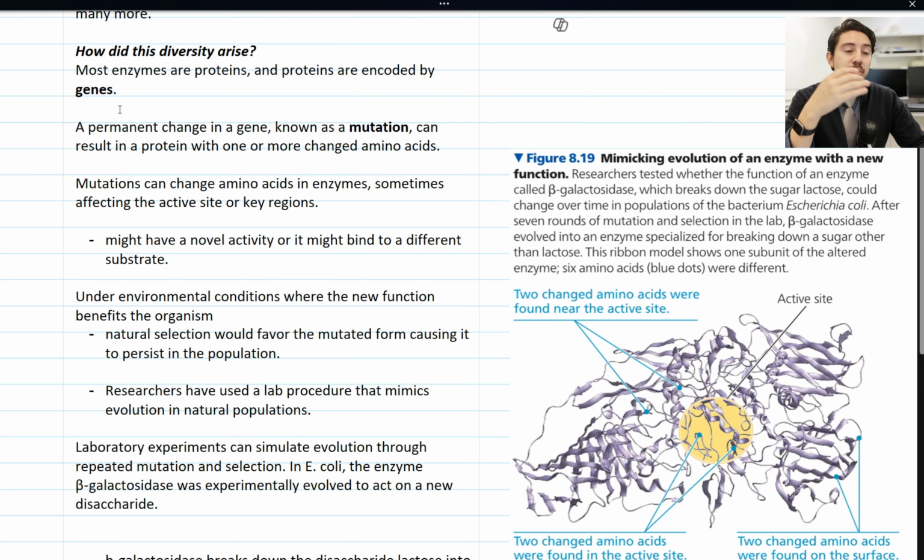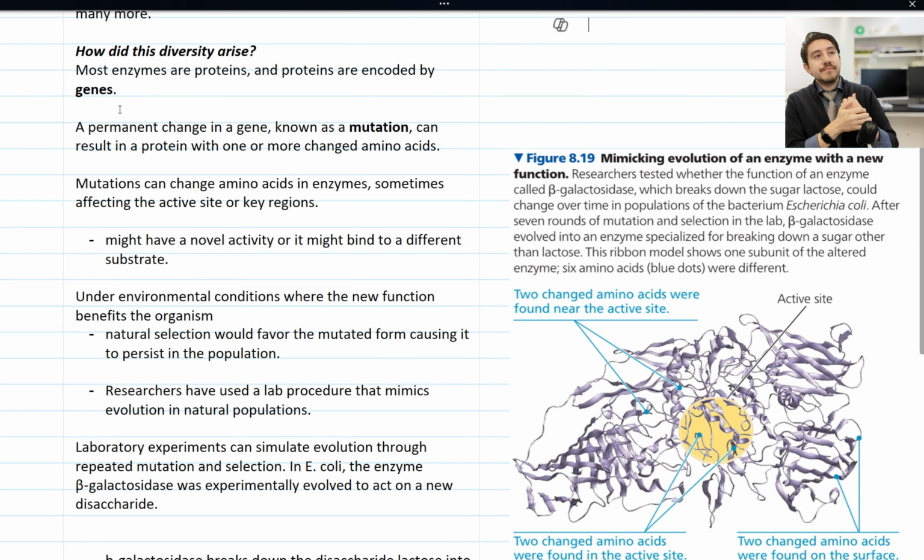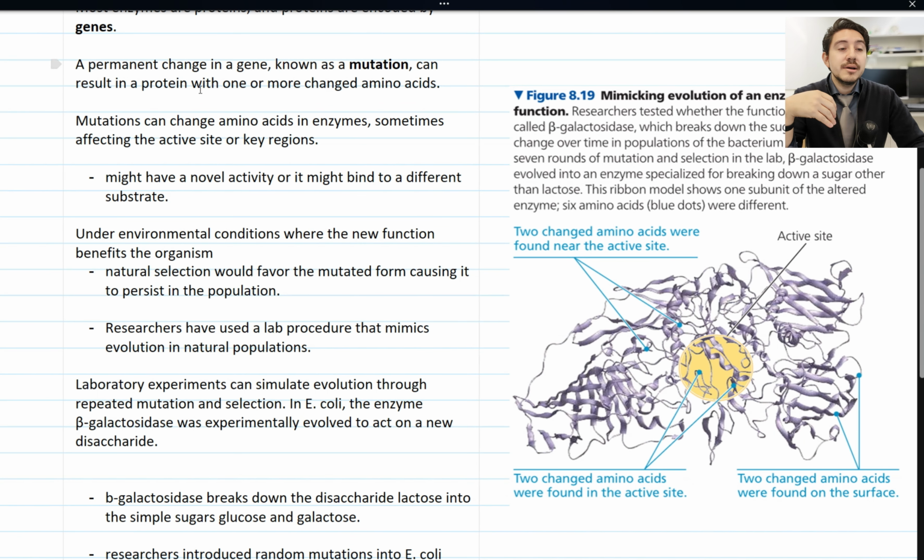Enzymes, as you know, are proteins made from polypeptide sequences, which ultimately come from amino acid sequences, which come from genes. If you have a permanent change in a gene, we refer to this as a mutation. So you're altering the amino acid sequence just because you're altering the DNA sequence within a particular gene.